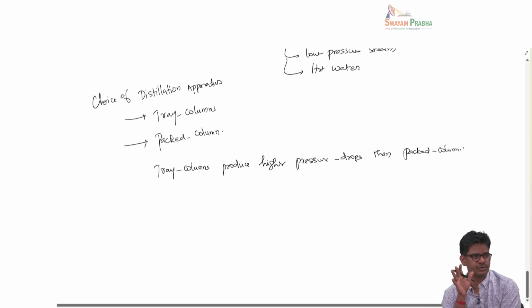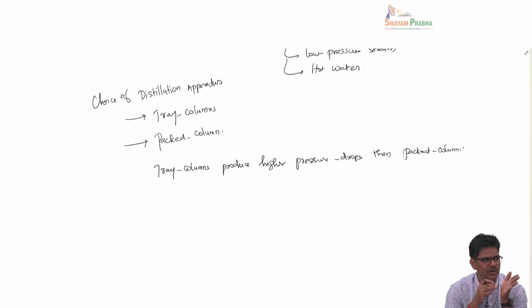This is generally true because if you look at the hydrodynamics involved in the packed column versus tray column, you see distinct differences in the flow pattern. Okay, for example, in the tray column, each tray will have a column of liquid through which the gas will have to bubble through. At each stage, the gas bubbles through this stagnant liquid level in the stage. So because of this, the pressure drop in the tray column is much higher.